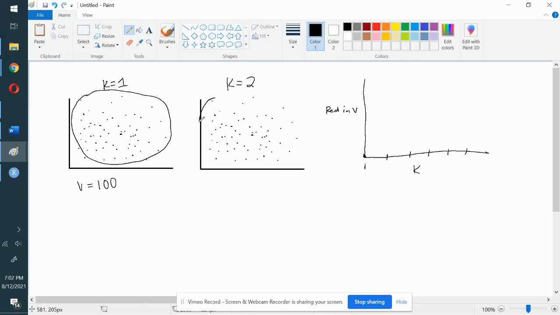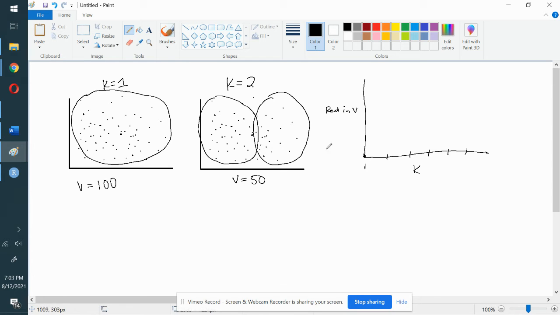All right, and I'm just going to estimate. So something like this. And normally they wouldn't overlap like that, but that's okay for the sake of the example. Now, we can kind of visually see that the variance is going to be less than this model where we just have one cluster. So let's say it actually dropped by 50.